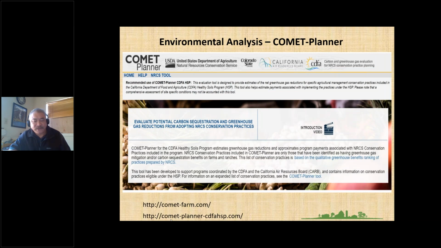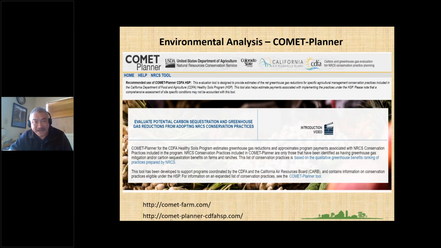Growers that apply for HSP funding utilize the program and enter the types of inputs and data needed to produce the greenhouse gas findings. So we encourage you to run this and experiment again with different scenarios. Just like the NTT, it's really straightforward.